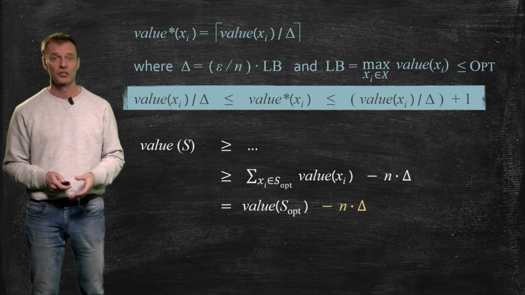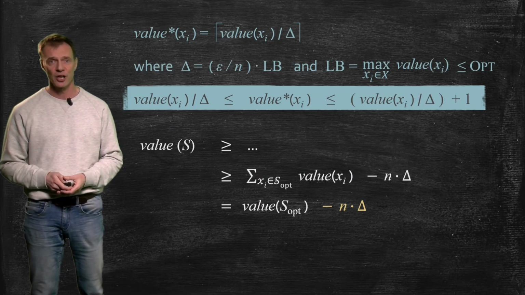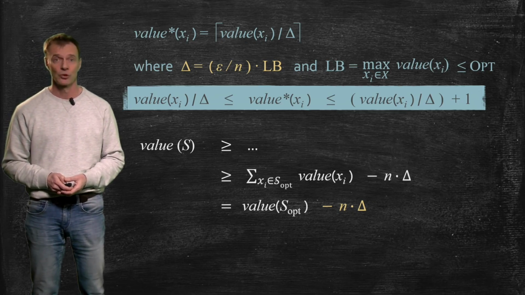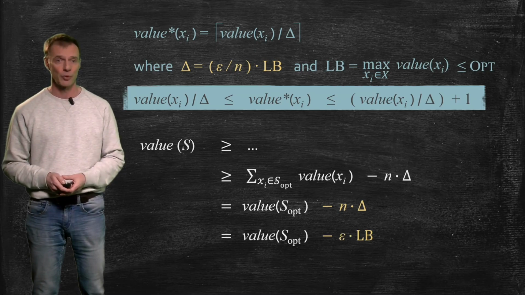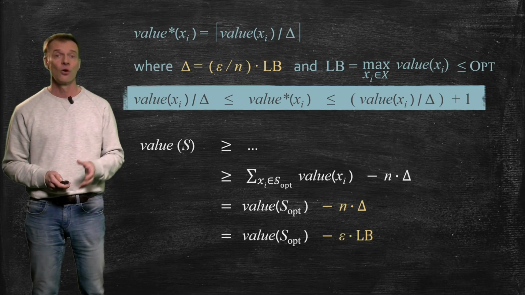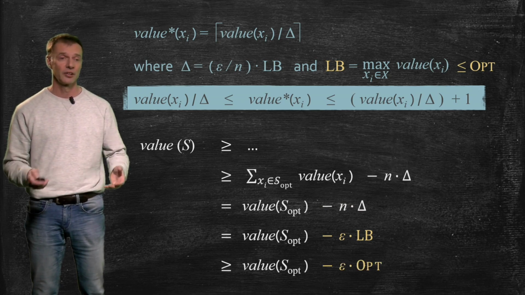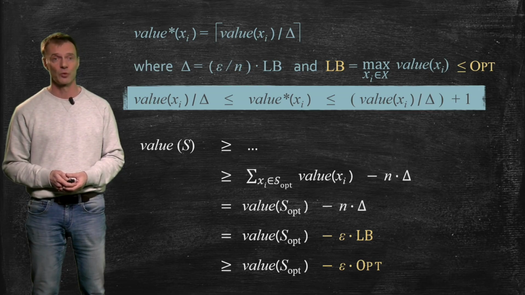Now let's plug in the definition of delta. Delta is epsilon divided by n times the lower bound. Let's plug it in, and this is what we get. And now we know that the lower bound is at most opt, so I can plug that in, and this is what I get, and that's exactly what I want.